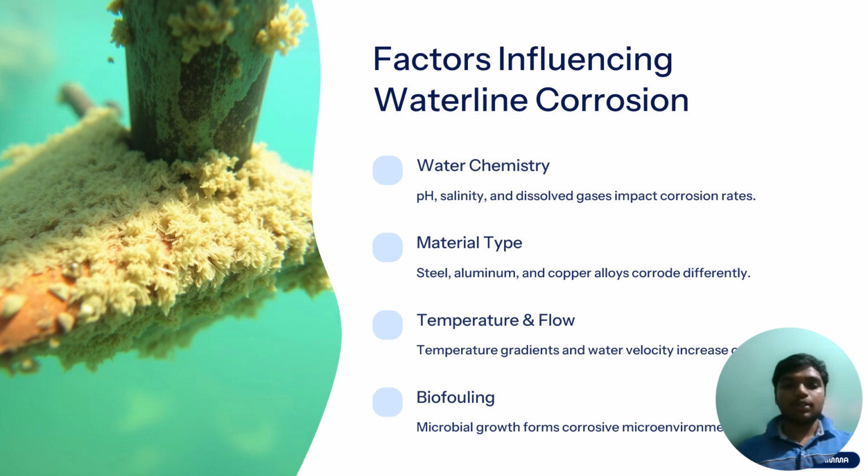Water quality testing. Regularly testing the pH and corrosiveness of water can help identify potential issues. If water is found to be aggressive, treatment options such as neutralization or the use of corrosion inhibitors can be implemented. Maintenance.